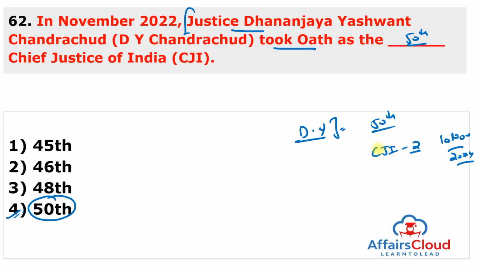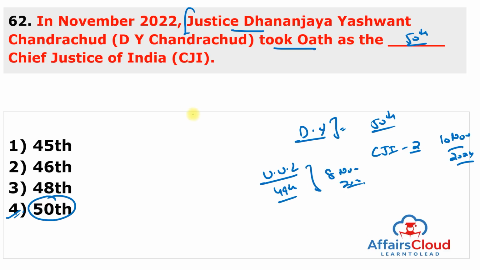And the President of India Droupadi Murmu administered the oath at a brief ceremony held at the Rashtrapati Bhavan. And Justice D.Y. Chandrachud was appointed as Chief Justice of India, succeeding the former Chief Justice of India, Uday Umesh Lalit or U.U. Lalit, who was the 49th Chief Justice of India and retired on 8th of November 2022.